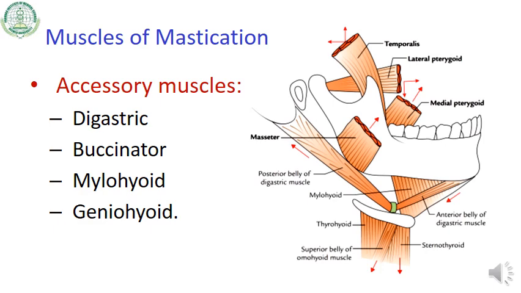Other group of muscles are accessory muscles. These accessory muscles are digastric, buccinator, mylohyoid and geniohyoid. So you can see here, this is posterior belly of digastric, this is anterior belly of digastric.